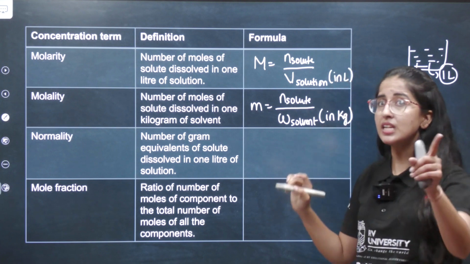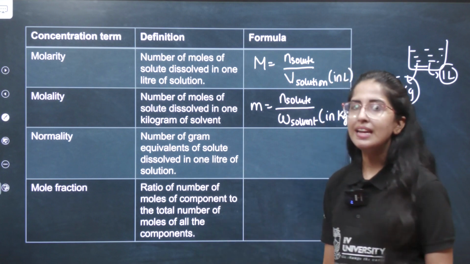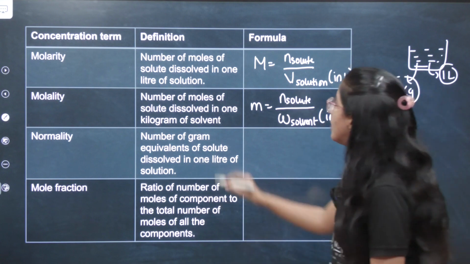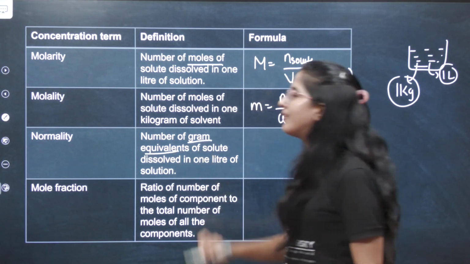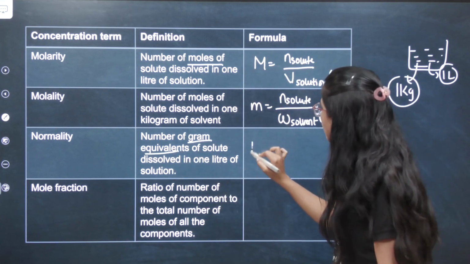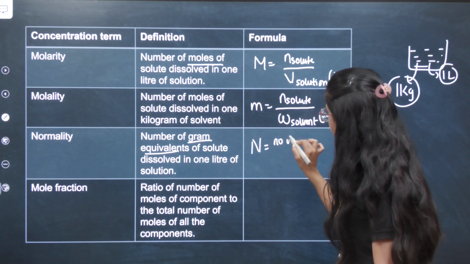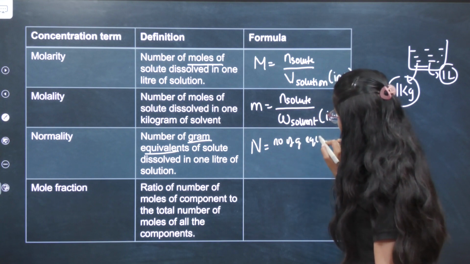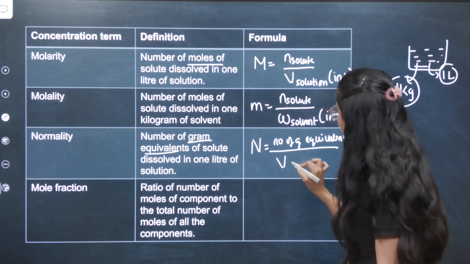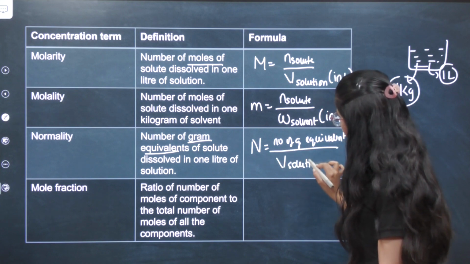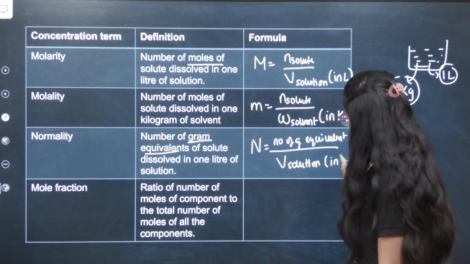It must always be in kg. Okay. Normality. So it is not talking in terms of moles. Now it is talking in terms of gram equivalents, dear. So it is number of gram equivalents divided by volume of solution in liters.